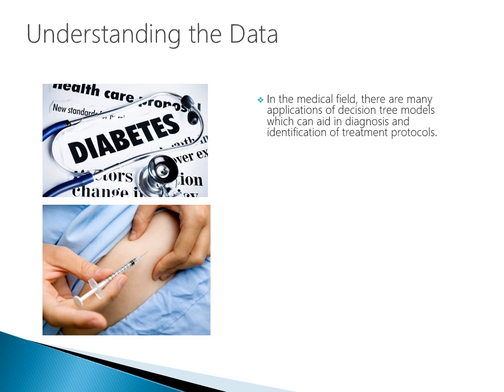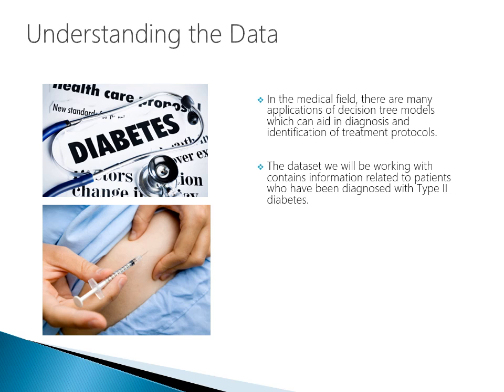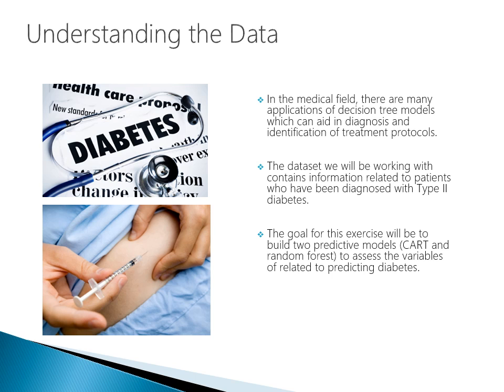In the medical field, there are many applications of decision tree models which can aid in diagnosis and identification of treatment protocols. The dataset we will be working with contains information related to patients who have been diagnosed with type 2 diabetes. The goal for this exercise will be to build two predictive models. We're going to build a CART model and a random forest model to assess the variables related to predicting diabetes.